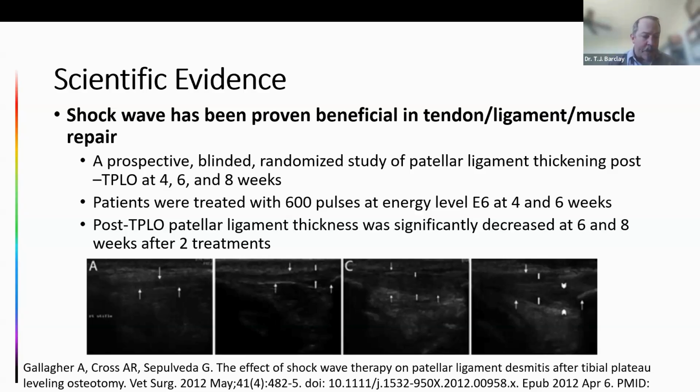We're going to talk about several different studies relative to TPLOs in dogs. And this is one that, again, demonstrates that we can effectively prevent patellar ligament desmitis in those dogs after TPLO surgery.